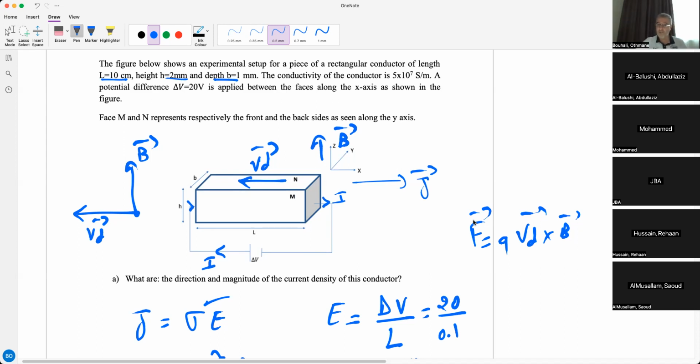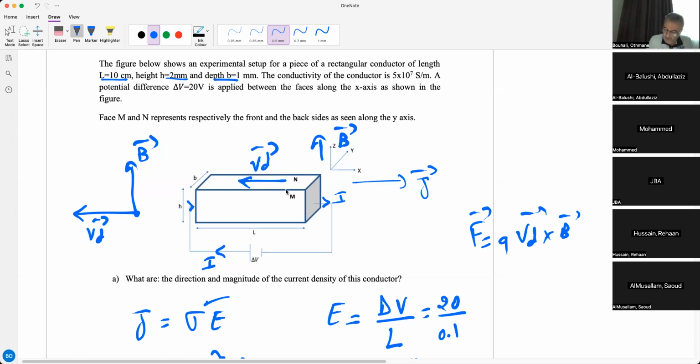So you say that the electrons are along the negative Y axis. Why do you say that the electrons will be going along the negative Y axis? Yeah, the negative Y axis, exactly. Which is out of the page.